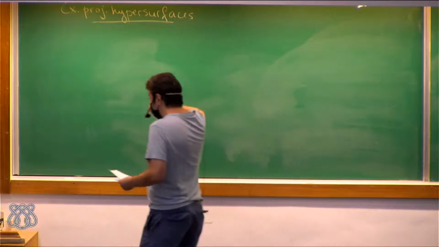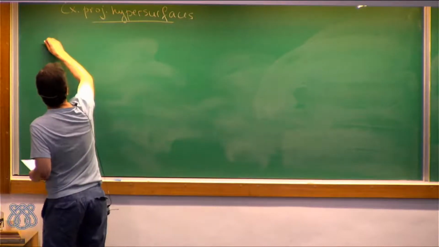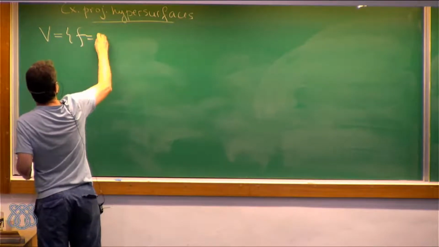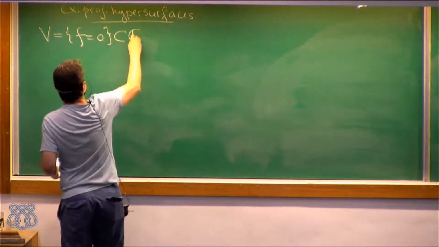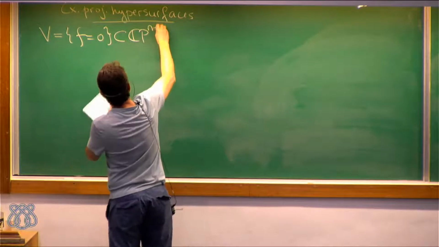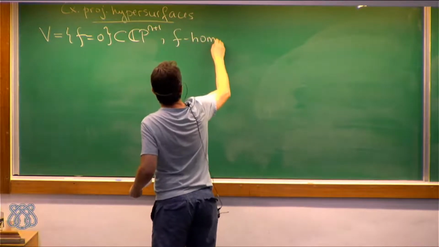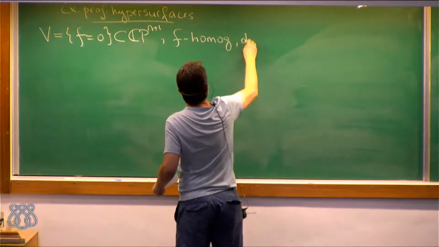All right, so let me recap some notation. V was F equals 0 in CP^(n+1), where F is a homogeneous degree D polynomial.